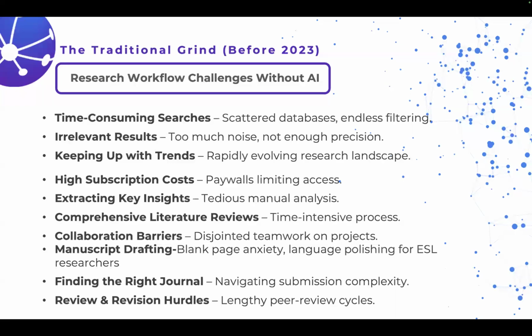By working with researchers in the knowledge management field for over decades, these challenges you see on the screen have been identified in the workflow. So as researchers, you're facing scattered databases. You need to spend a lot of time to filter and find the most relevant articles in your field.